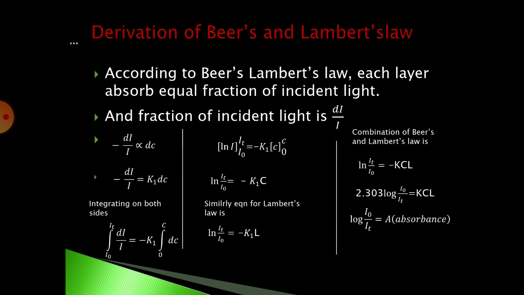Since log of I0 by IT is equal to absorbance and K upon 2.303 is equal to epsilon, that is molar absorptivity, the equation becomes A is equal to epsilon CL, which is the Beer's-Lambert's law. According to this, the absorbance is directly proportional to the concentration and the thickness of the absorbing media.